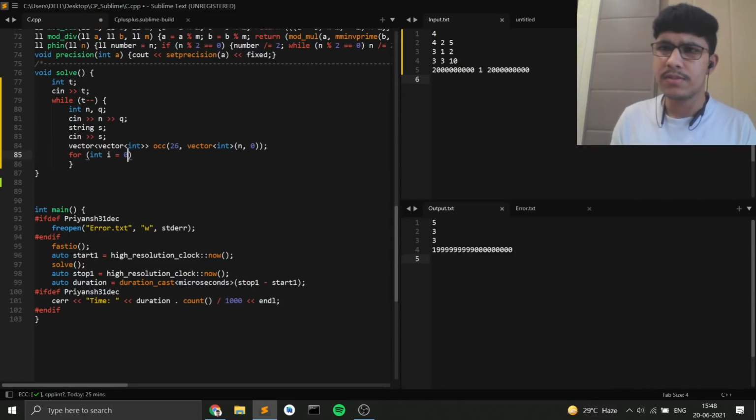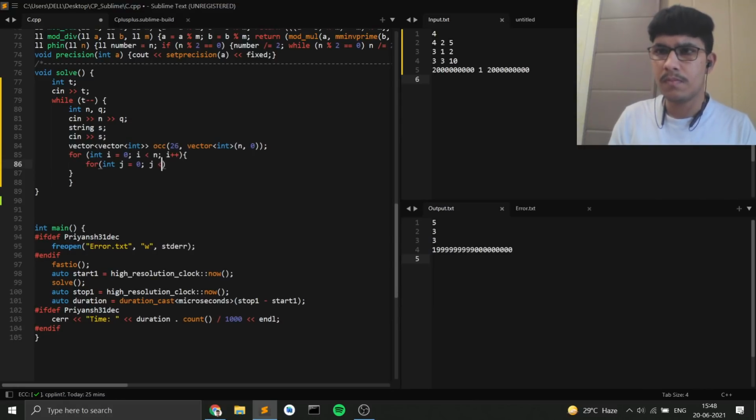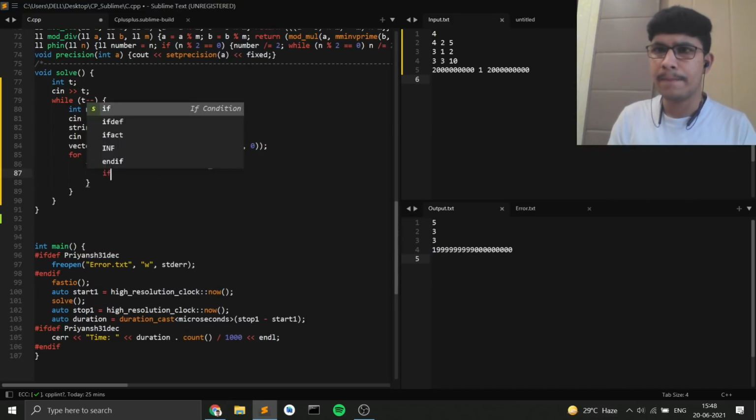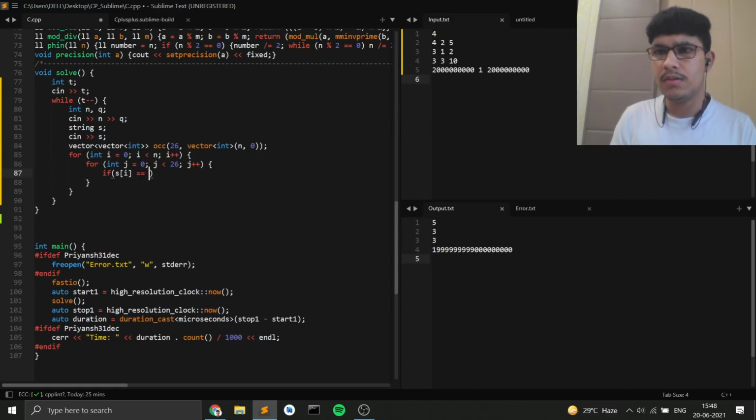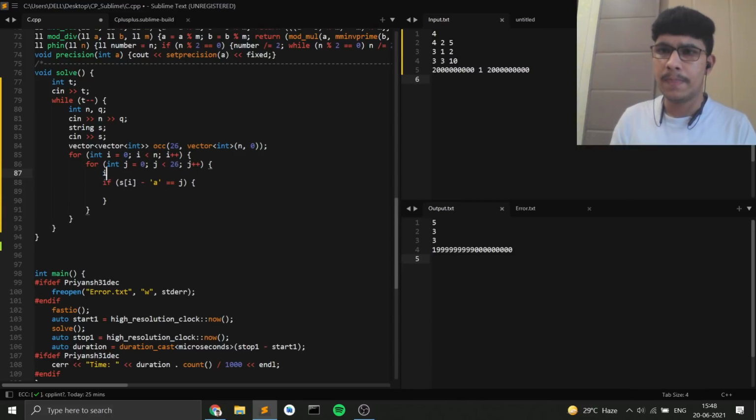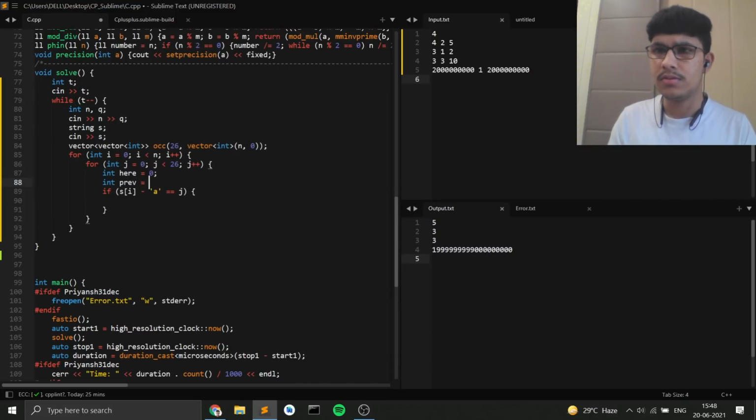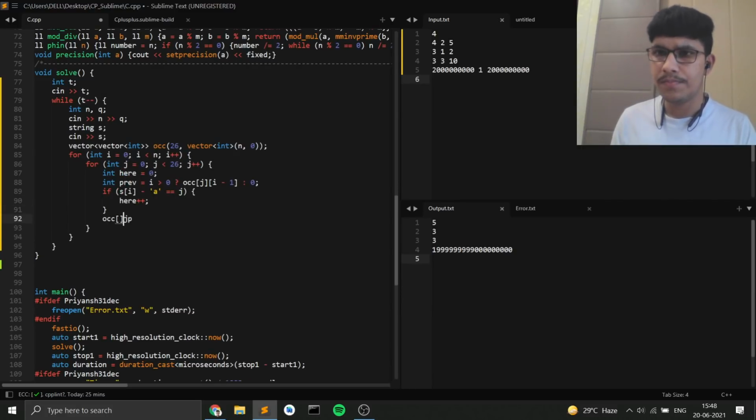So I'm sort of storing prefix sums here. So if s at i minus a equals to j, and here equals to 0, and rev equals to occat j comma, but if i minus 1 does not exist, then it should be 0. Occat j comma i equals to what?